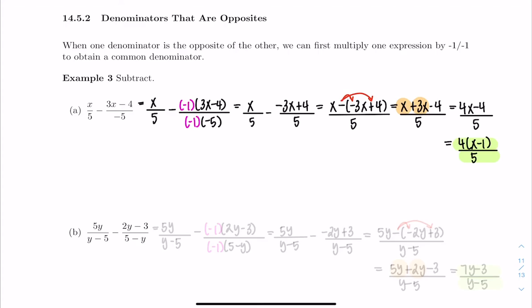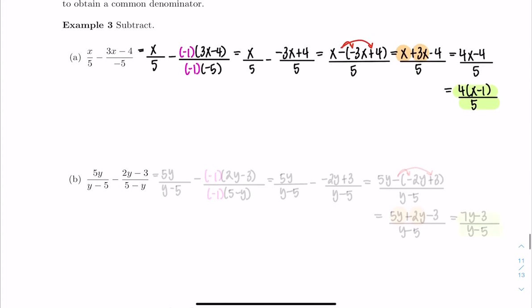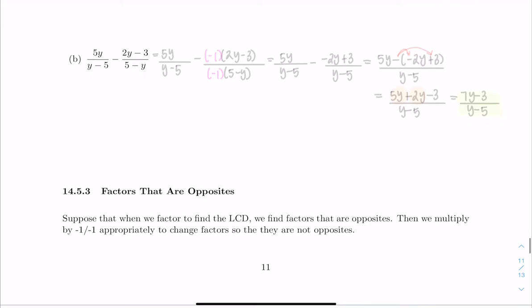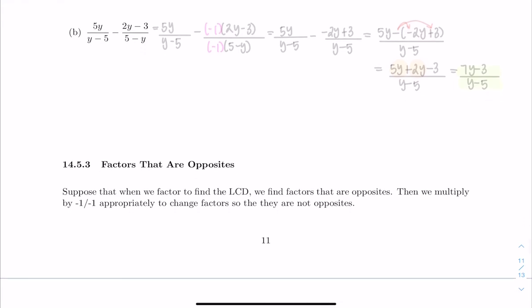Let's go ahead and try the second one. I'm going to manipulate the second fraction by that -1 over -1. So this first one is going to stay exactly the same. And then I'm going to multiply the top and bottom of the second fraction by -1.